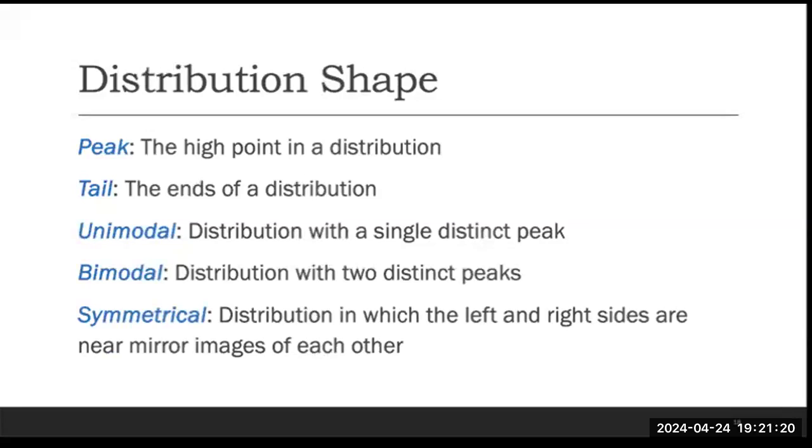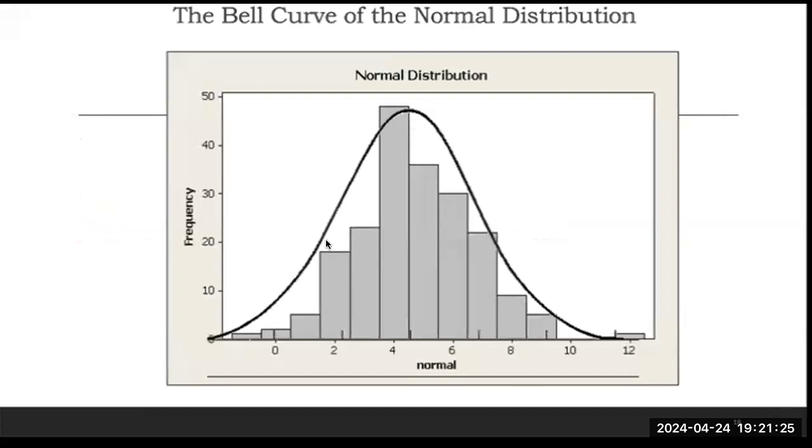So, important terms to know. Here is the classic normal distribution, also known as the bell curve. You can see that the bars, this is a histogram, right? Each bar is 0, 2, 4, 6, 8, 10, 12 over here.